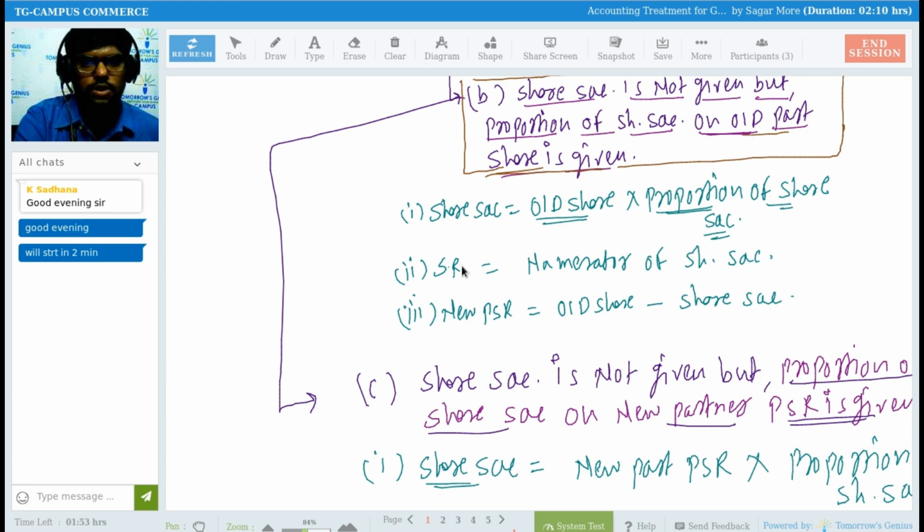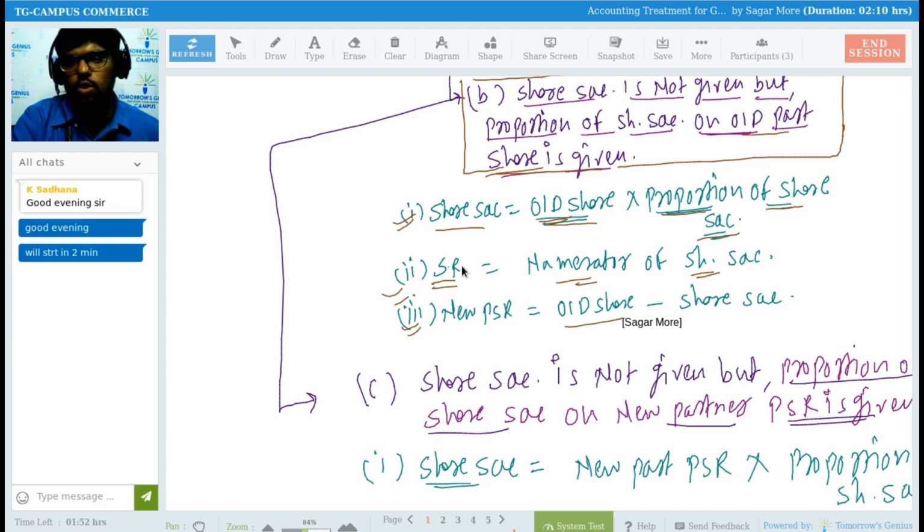Share sacrifice is equal to old share multiplied by proportion of share sacrifice, right? For both the old partners we have to apply. If there are A and B partners, then we have to apply for A and B both. Sacrifice ratio is numerator of your share sacrifice. And what is new PSR? New PSR is old share minus share sacrifice, right?